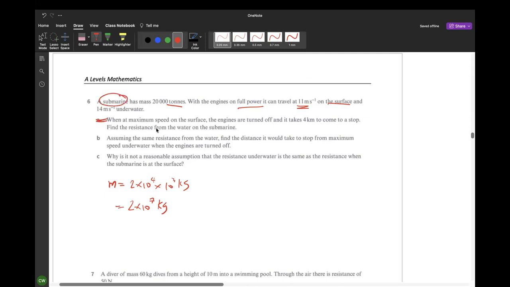What is the maximum speed on surface? Maximum speed is 11. Can travel at this full engine maximum speed. So the maximum speed is 11.